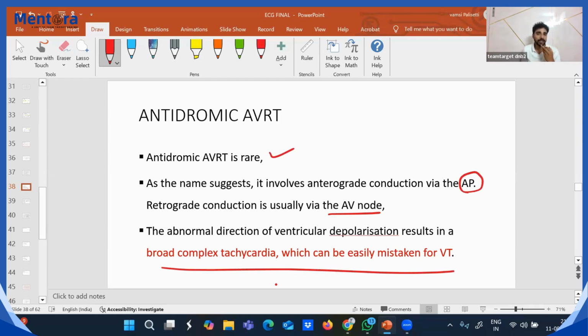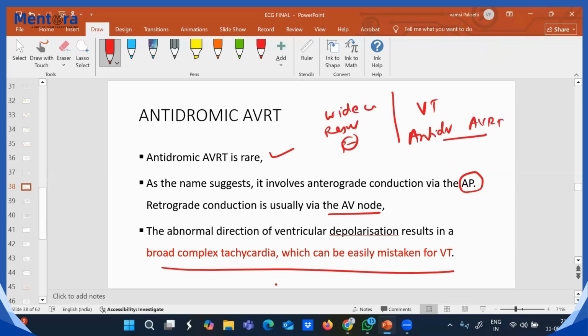One more important thing I want to say: if in a casualty you see an ECG with a wide complex tachycardia which is regular with no P waves, you have either VT or antidromic AVRT. But always treat like a VT. Don't treat like antidromic AVRT, the patient will die.